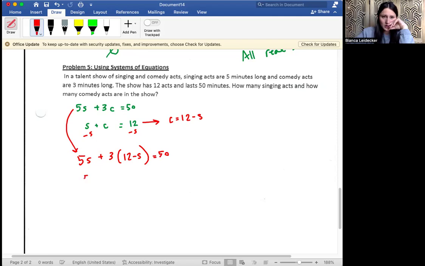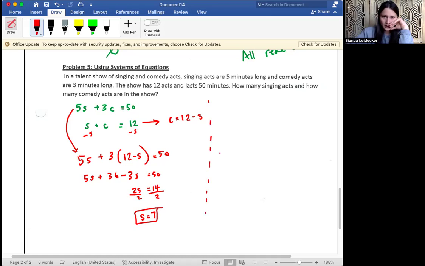And then I'm going to keep working. 3 times 12 is 36. 3 times negative S is negative 3S. And then I'm going to subtract 36 on both sides and get 14. And then 5S minus 3S is 2S. Divide by 2 on both sides. S equals 7. Okay, so I have 7 singing acts.